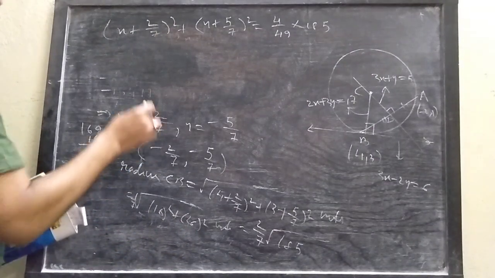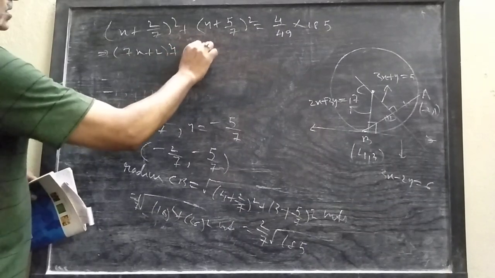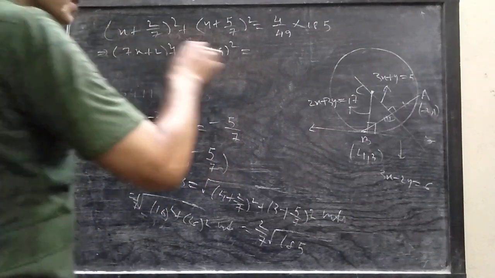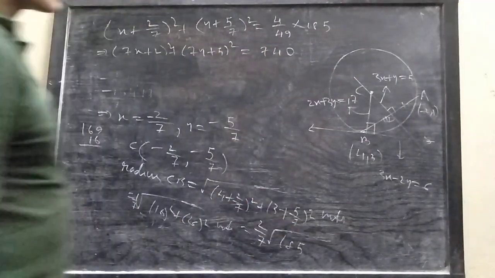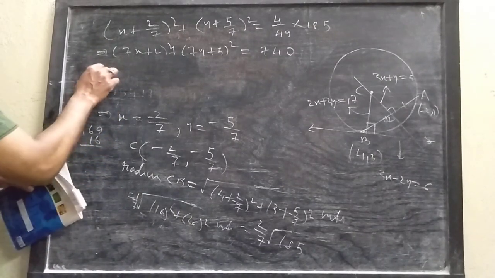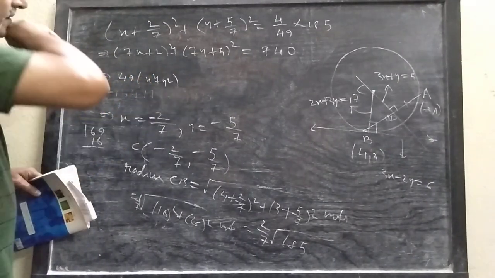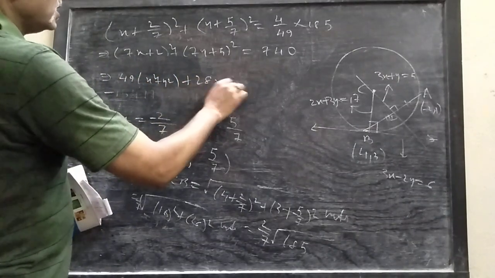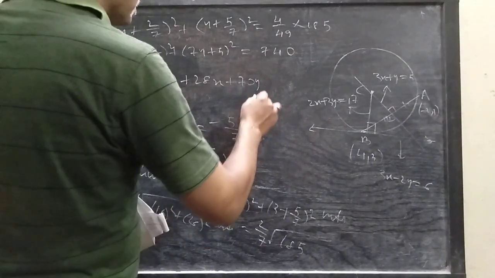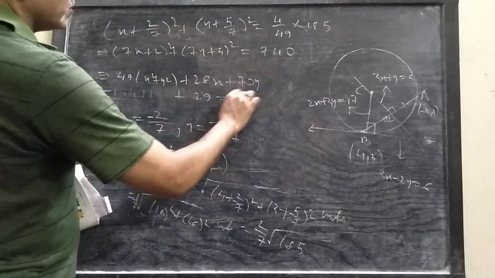Now multiply both sides by 49, we will get (7x plus 2) whole square plus (7y plus 5) whole square equals 4 into 185, 370, 740. Now just simplify this: 49 into (x square plus y square), 28x, 70y, plus 25 plus 4, 29 equals 740.